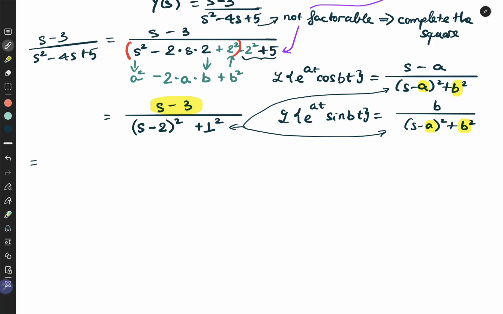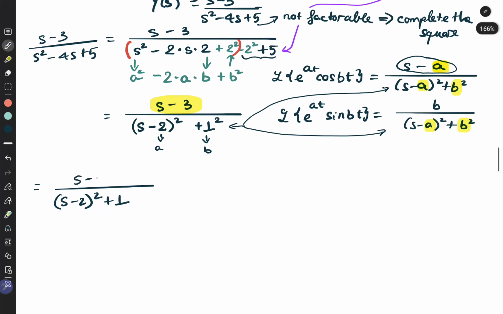Let's take care of them one by one. I'm going to split them. Look closely at the s minus a right here, because a in this case is 2, and b is 1. To get the first formula, the one with the cosine, I need s minus a, which is s minus 2 in this case.